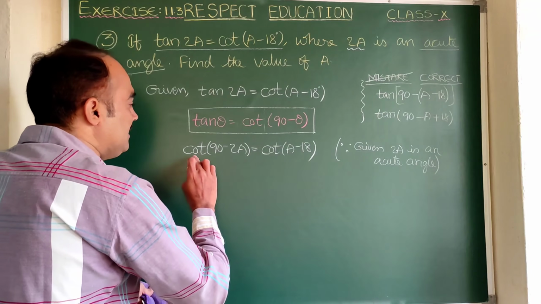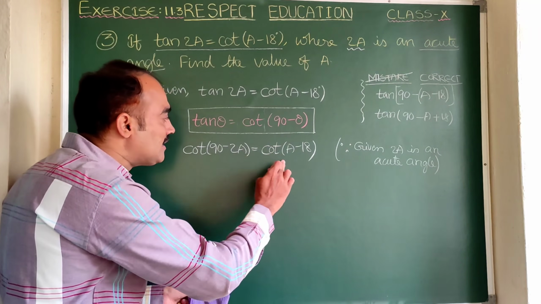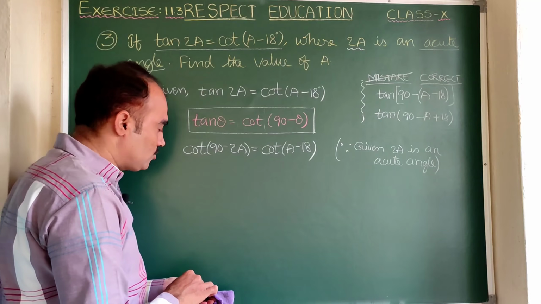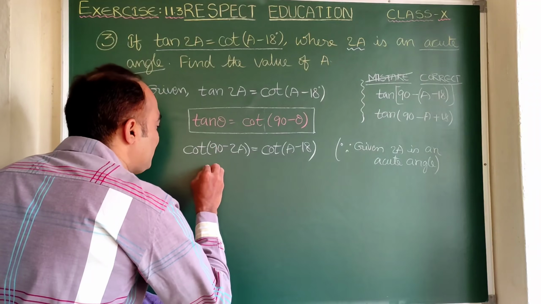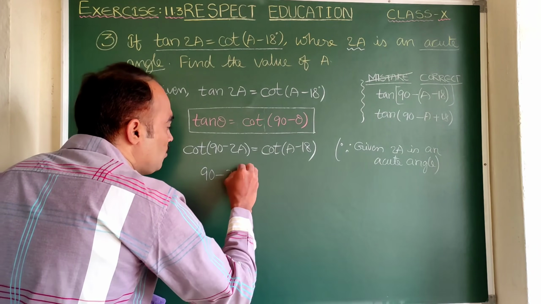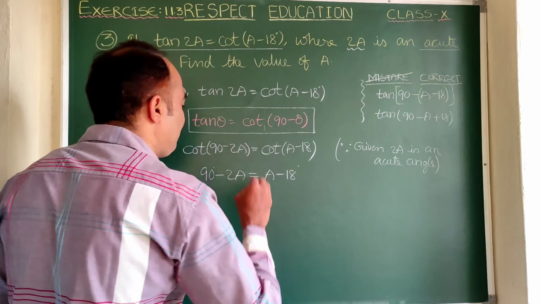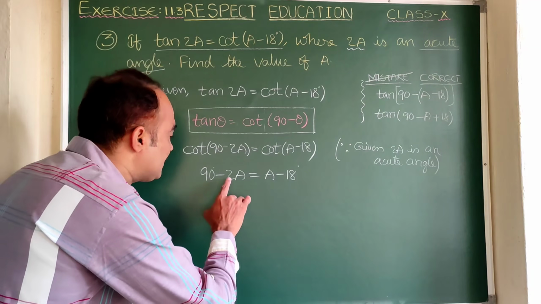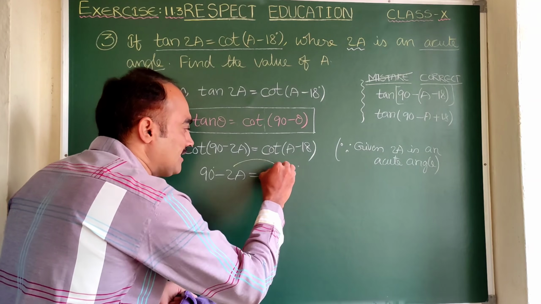Now here, cot(90 minus 2a) is equal to cot(a minus 18). Both sides have the same trigonometric ratio, so it can be cancelled. What is left? 90 minus 2a is equal to a minus 18 degrees. Since 2a is negative, let us send it to the right hand side.